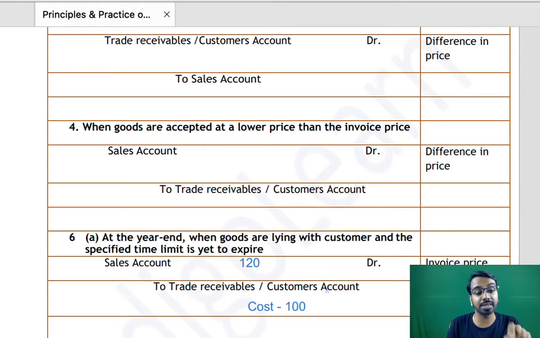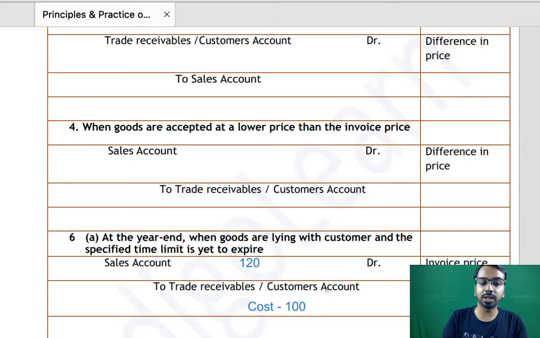Now which price? Generally at cost or market price, whichever is lesser. So if cost is less, we'll debit inventory at cost. If market price is less, we will debit the inventory at the market price. So you will bring this inventory with customers.